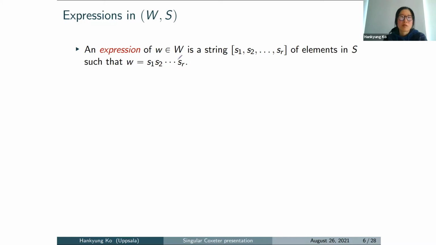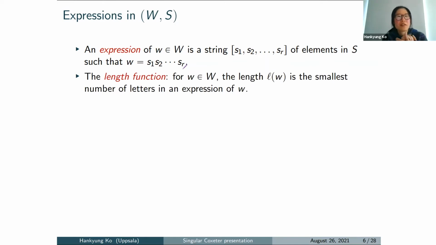An expression of an element w is a string s_1, s_2 to s_r in S, so that w is the product. And we can define the length function to be the smallest number of letters that appear in an expression of w.